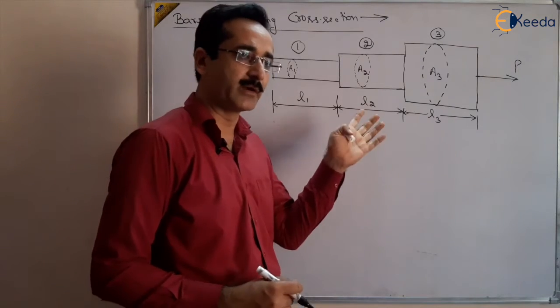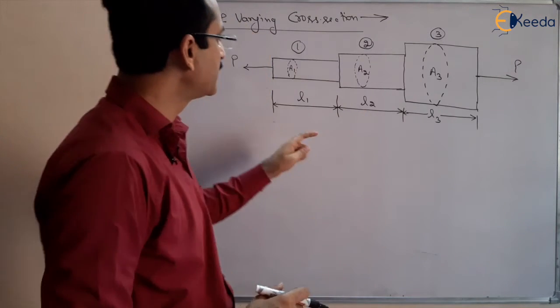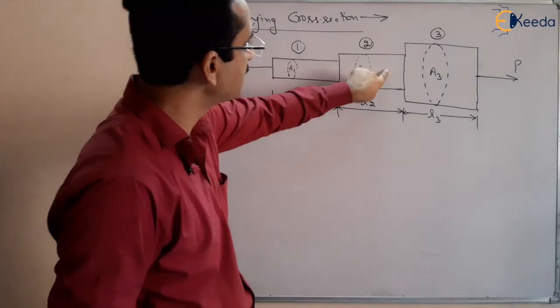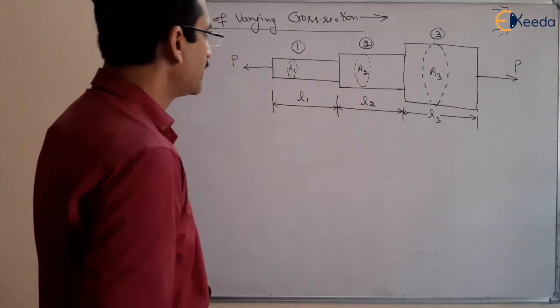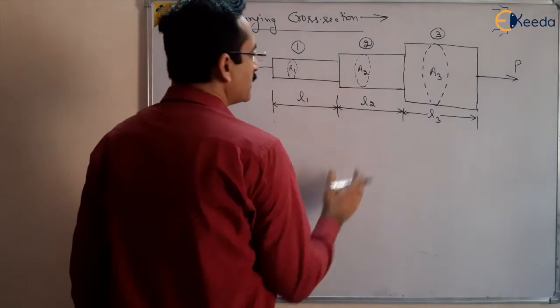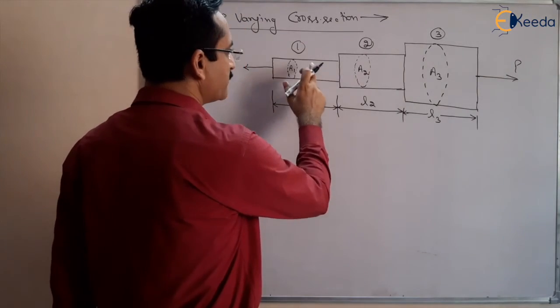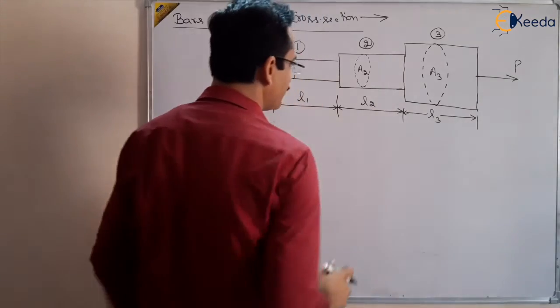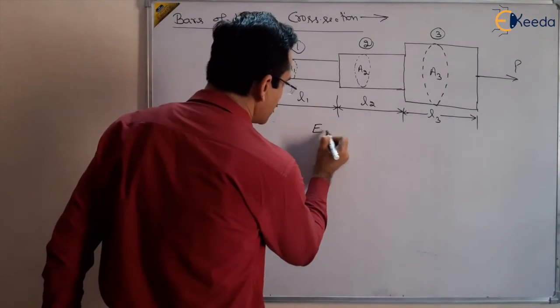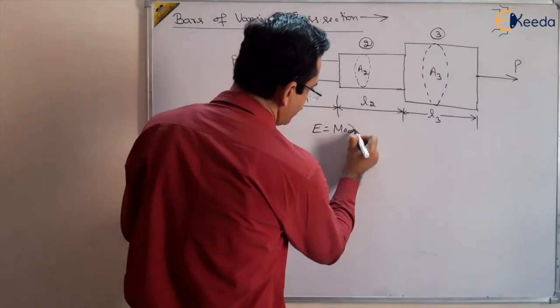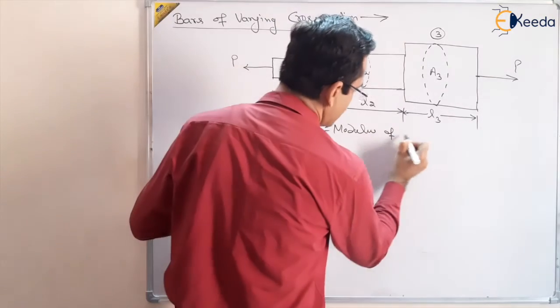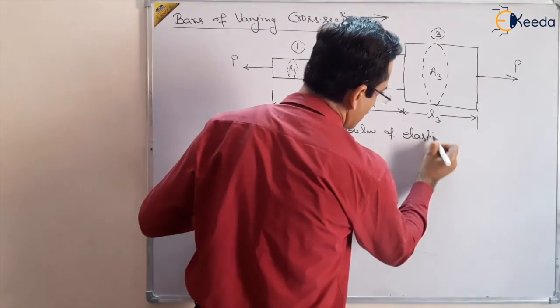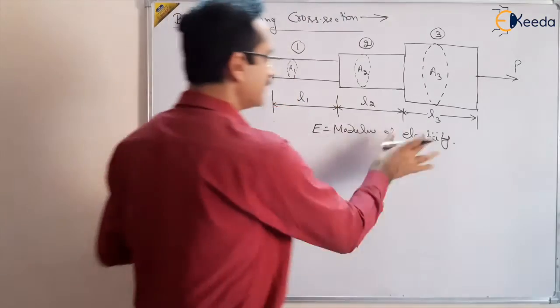The material may be different, but in this case we are assuming that the material of this part, this part and this part are the same. If the material is the same, the modulus of elasticity of the whole three parts of the bar will be the same. Suppose E is the modulus of elasticity of this material, and it is given, right?